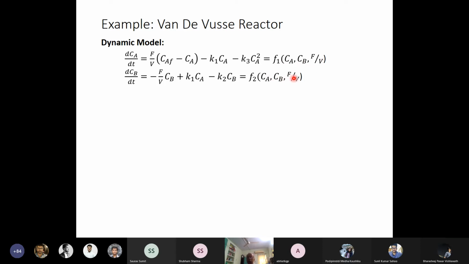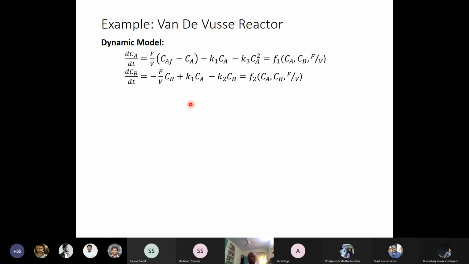Here I am taking the ratio F/V, which is the space velocity, as the input variable. Once we have this dynamic model, I can rearrange it to write a control affine, nonlinear state space model.